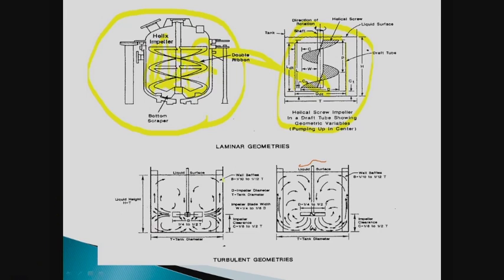Down here we have the typical design that you find in undergraduate textbooks on mixing. First off, this is a fairly ridiculous design in that if the liquid level falls below the agitator, you lose mixing.